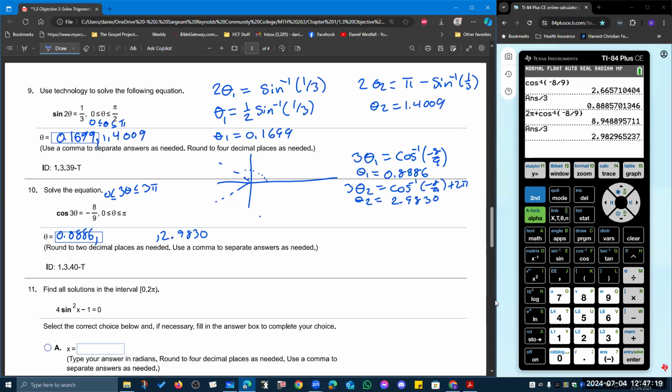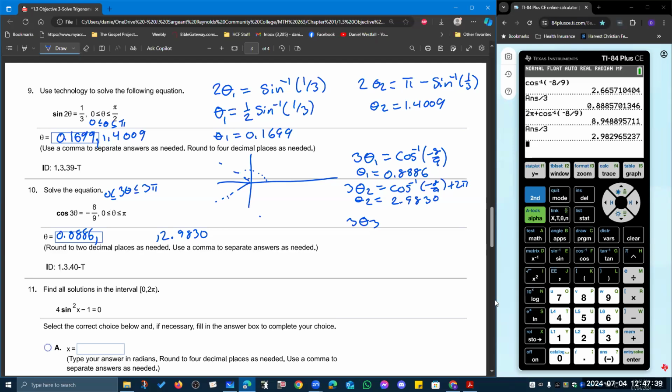Third answer here is going to come down here. So I'm actually going to need 2 pi minus my reference angle, because I need to come this way.